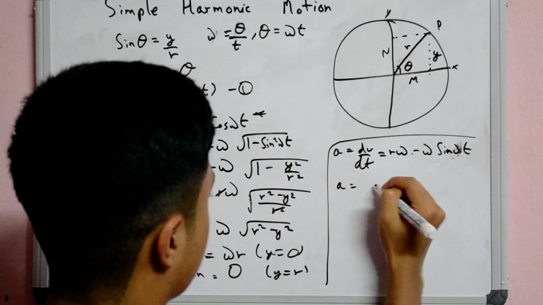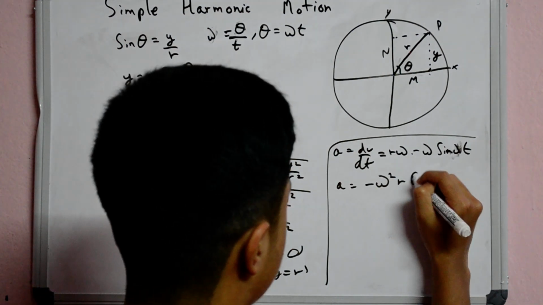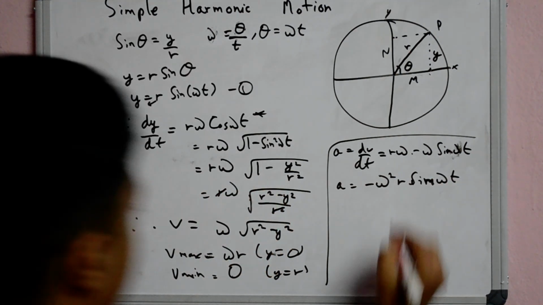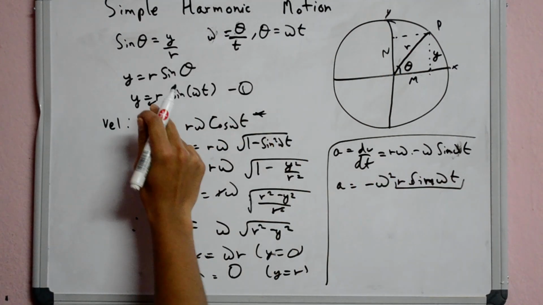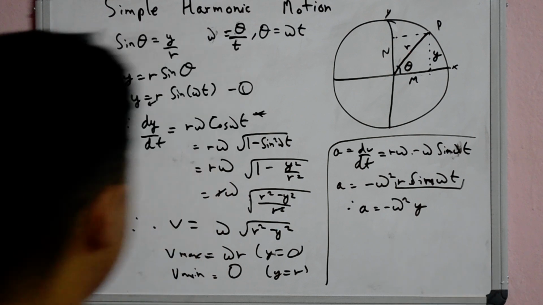So acceleration is equal to minus omega square r into sine omega t. Now r sine omega t is just y. Therefore acceleration is equal to minus omega square y.